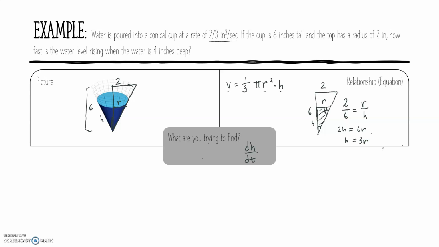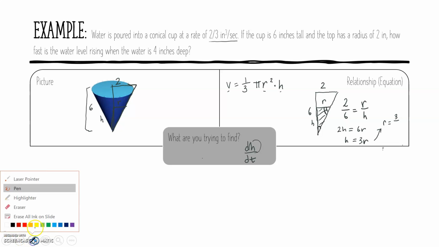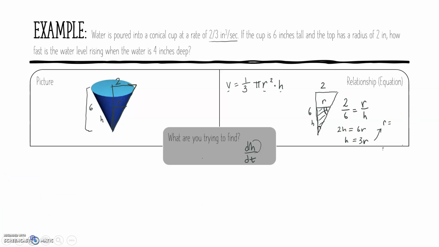But actually, I don't want to solve this for H. I would like to still have an H in my equation. I don't want to have an R in my equation. So I'm actually going to look at this as R is equal to H over 3. So this particular situation has two different relationships that we're looking at, and we can use that second relationship to make our volume equation a lot more simple.